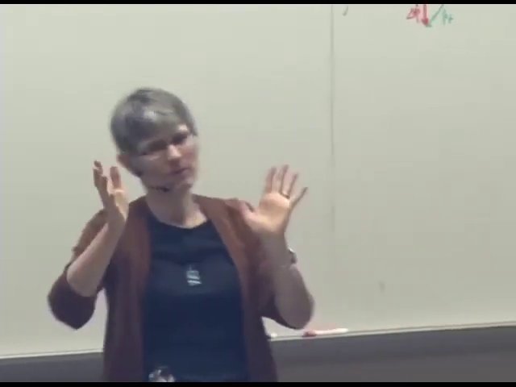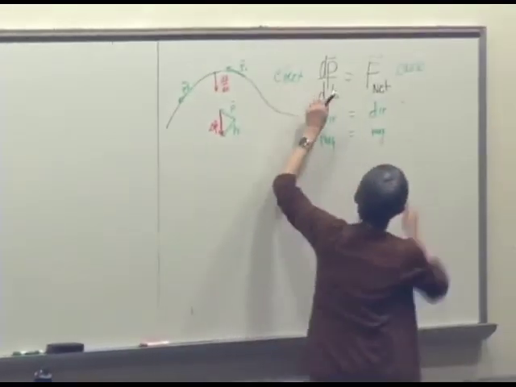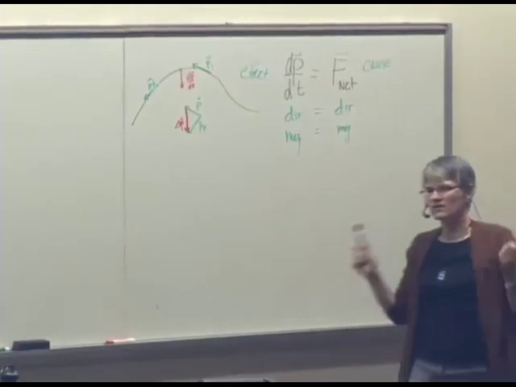In order to make something turn, we need a component of force perpendicular to the momentum. Now, we may have a component of force perpendicular and a component of force parallel, so that something's both turning and speeding up or slowing down, but in order to get that turning at all, we've got to have some piece of force perpendicular to momentum. And so what we're going to end up doing is dividing this equation, each of these sides, into two pieces.